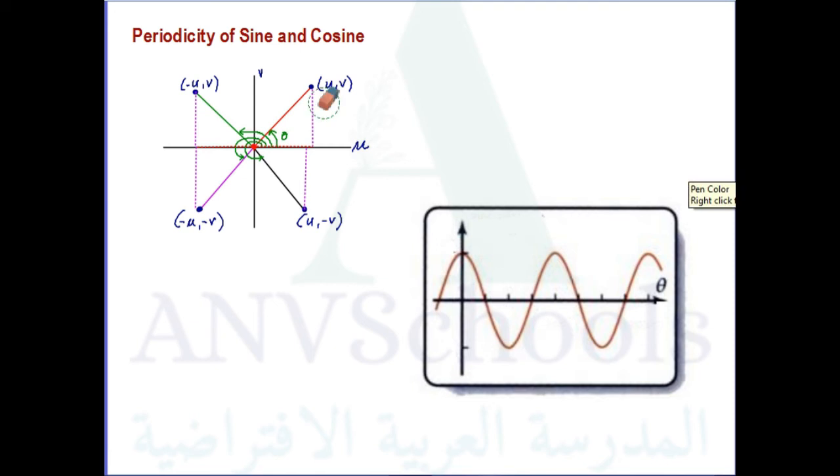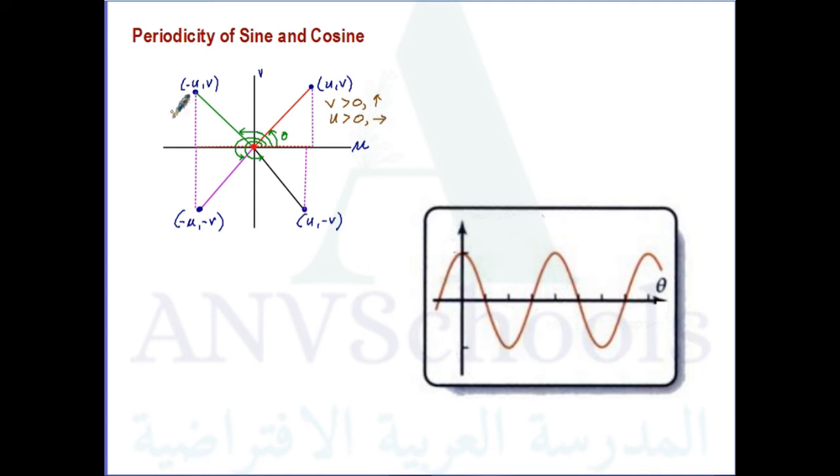Our V here is positive and increasing, so it's going up. And our U here is also positive, okay, greater than 0, and going to the right.